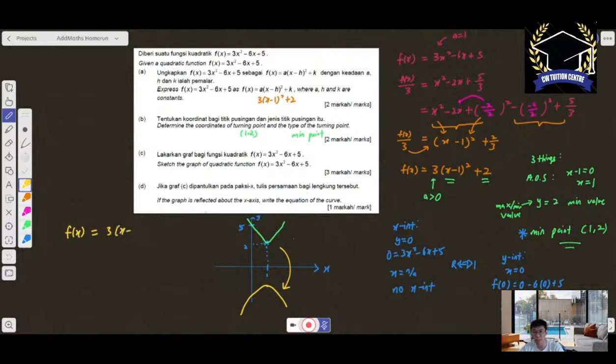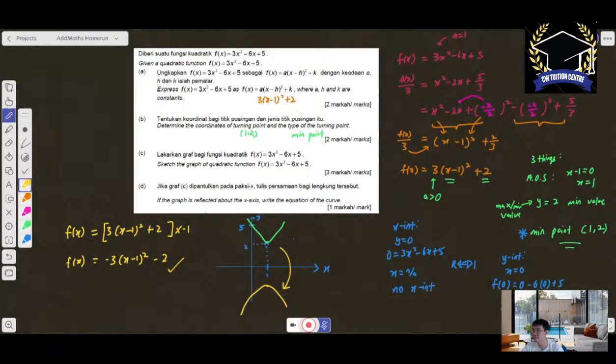I use this completing the square, right? If reflected, everything you times -1. So you get f(x) equal to -3 bracket x minus 1 squared. Inside don't times, just times outside, plus 2 times -1, -2. That's it.